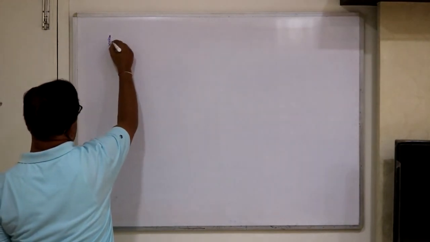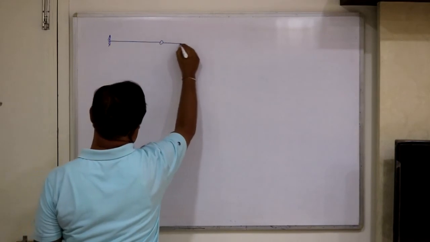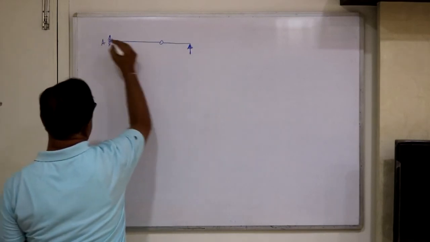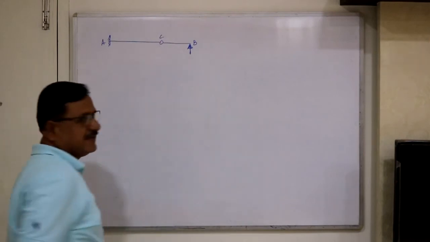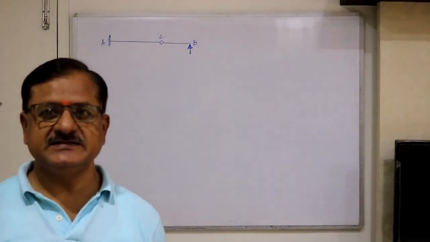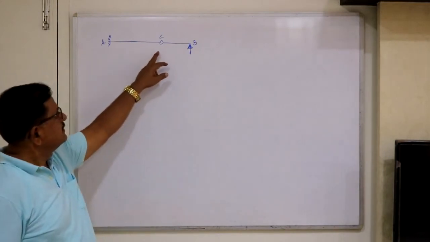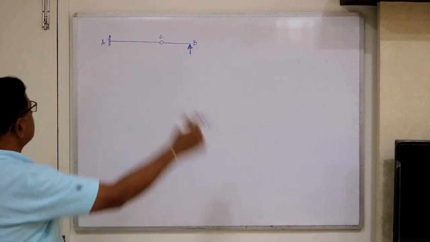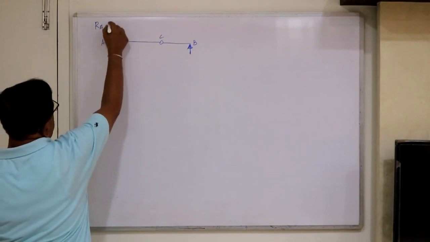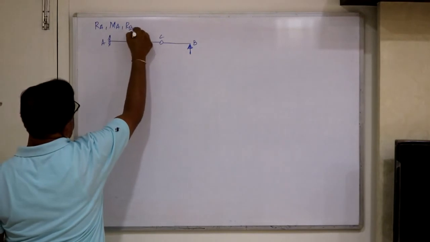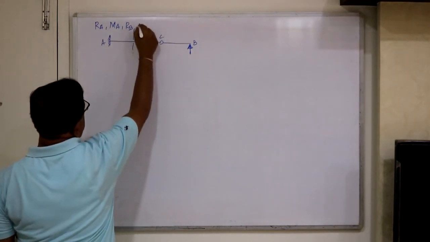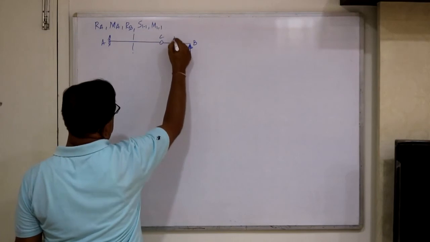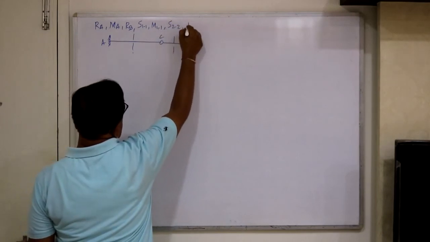Suppose we have ABC as a beam, and a hinge is given at C. Now how to construct ILDs for, say here RA, MA, RB, then I will take one section here S11, M11, then take one more section here S22, M22.